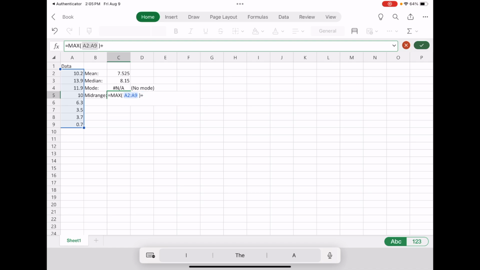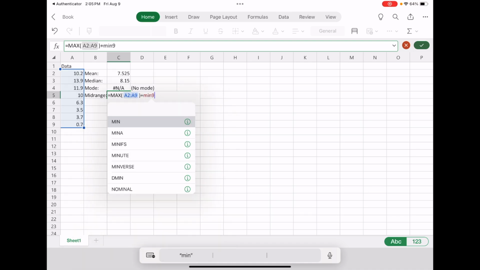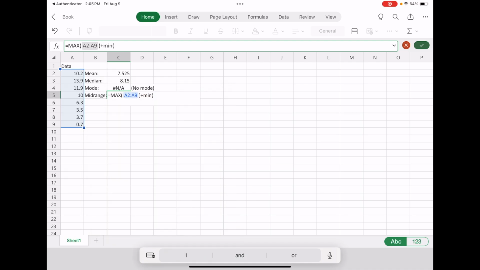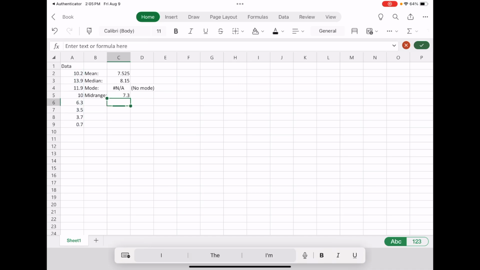There, okay, plus the maximum plus the minimum of this data range. Notice it didn't matter that I used lowercase letters. I'm going to put all this in parentheses. You see that? And divide by 2. And so that's my mid-range. The biggest plus the smallest divided by 2. And I'll press enter. And there it is.